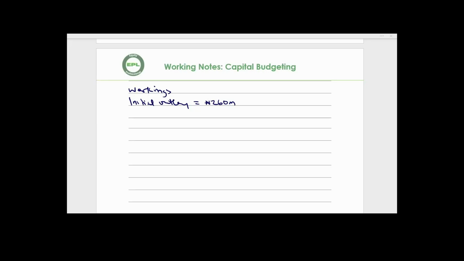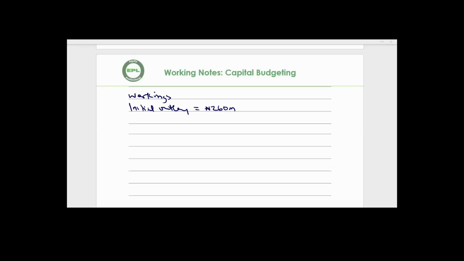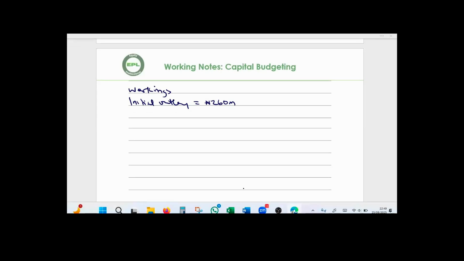So in the second paragraph of the question, the examiner told you that the anticipated revenue from sales to the State Electricity Board is expected to be 120 million naira per annum. So let's put it down. So we have revenue. These revenues are from two sources. One from the state's electricity board. The revenue at this source is 120 million naira per annum.